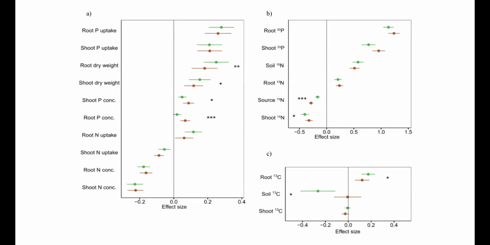So this is how the plants grew. You see many parameters, particularly for the phosphorus uptake, and this is known. I mean, mycorrhiza helps the plant gather phosphorus, but also in terms of the plant size, we could see there were positive effects, so they are on the positive side.